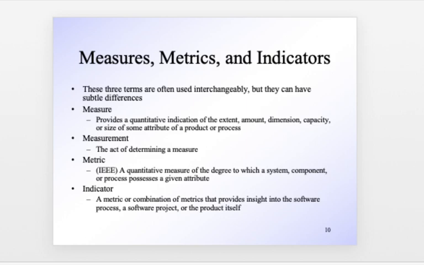Measurement is the act of determining a measure. Metric is a quantitative measure of the degree to which a system, component, or a process possesses a given attribute. An indicator basically is a metric or a combination of metrics that provides insight into the process, project, or the product.